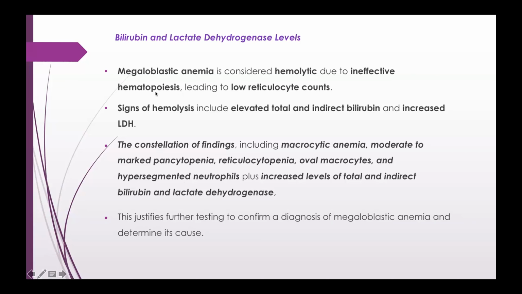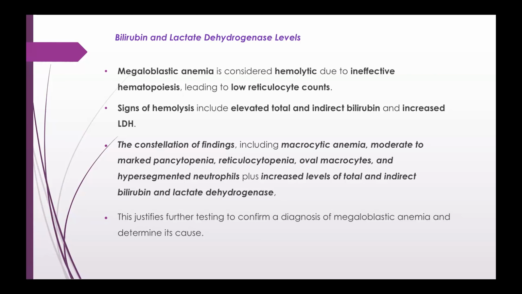So ineffective hematopoiesis is that hematopoiesis is incomplete because there is destruction of cells even before they mature, before they reach peripheral blood. Signs of hemolysis include elevated total bilirubin and direct bilirubin, and also increased lactate dehydrogenase. So now we have the constellation of findings.